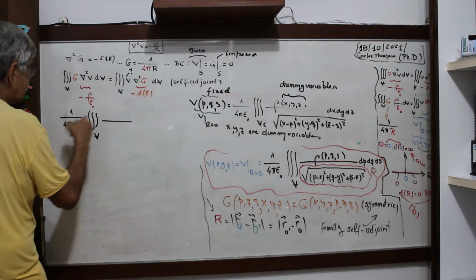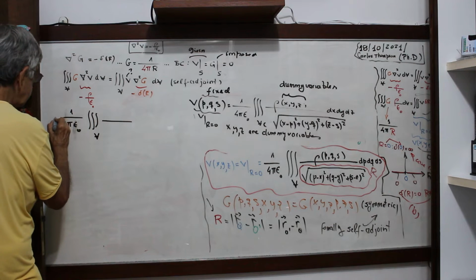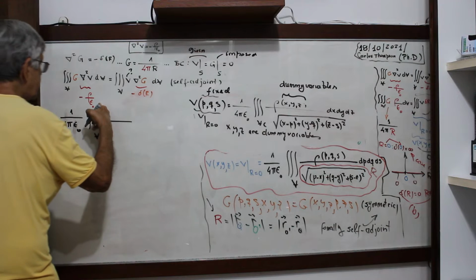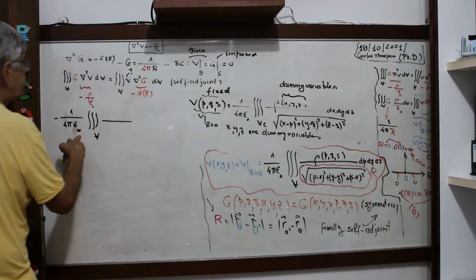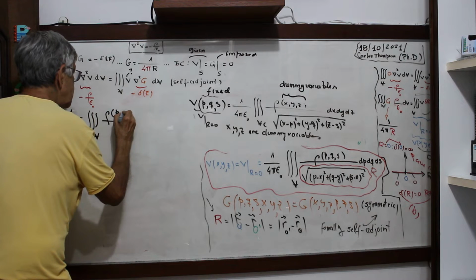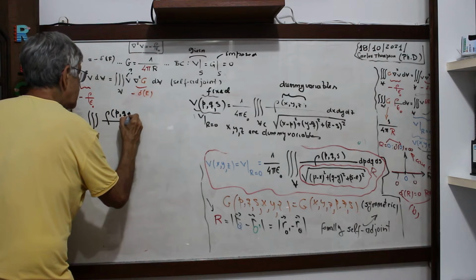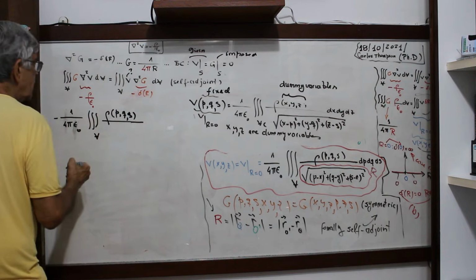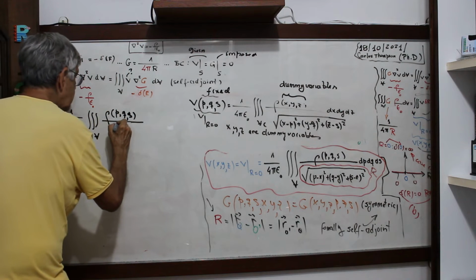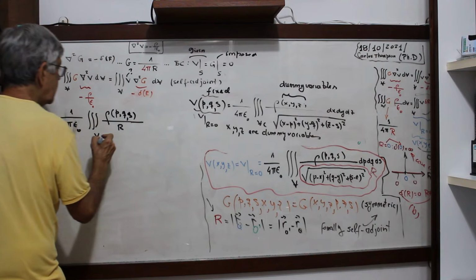I'll put minus over here. Now rho divided by epsilon, I'll put over here. So this is rho of P, Q, S, that's a dummy variable, divided by R.